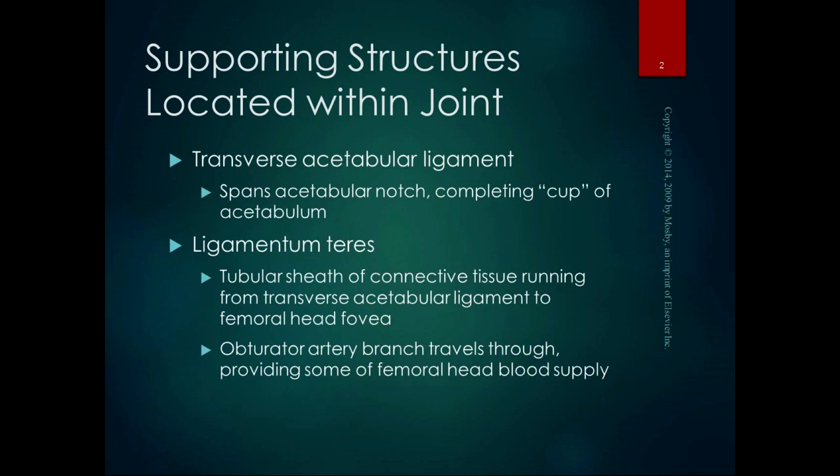A lot of times in PT, when you see someone who is younger than 60 or 70 that has had a total hip replacement, most of the time that total hip replacement is because of avascular necrosis of the femoral head. So something happened, some trauma or congenital defect happened that interrupted that branch of the obturator artery, and so the femoral head didn't have an adequate blood supply, and you get necrosis where the femoral head actually starts to break down.